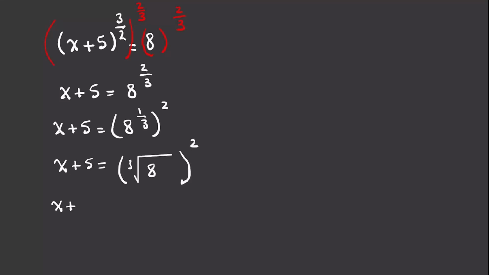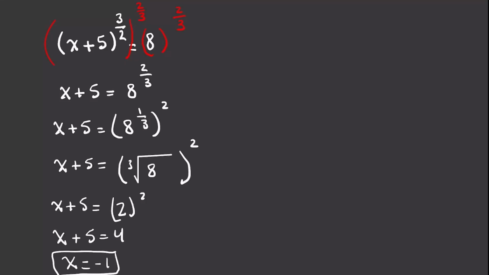The cube root of 8 is 2. Remember, every 3 identical numbers underneath the radical comes out as 1. So now we have 2 squared, and I have x plus 5 equals 4. To solve for x, I subtract 5 from both sides and get x equals -1. And that is the only solution for this equation.